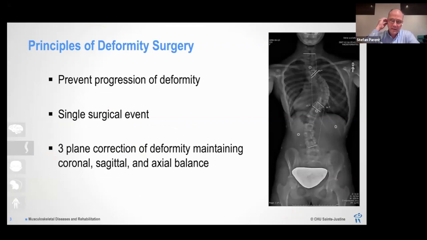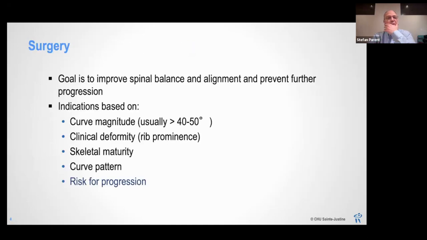Remembering the hypokyphosis and thoracic lordosis that we see in the deformity, we're getting pretty good at correcting the coronal and the axial balance, but the sagittal plane remains probably the most challenging portion of the treatment. So part of my talk will concentrate on how we can restore this.